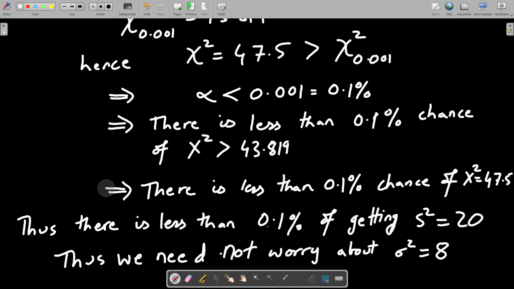If this percentage of chance was very big, like 5% or 10%, then we would have to worry that there is a mistake in our calculation. The sample variance had turned out to be 20, and the original variance was supposed to be 8, so there is a huge difference. But there is only a 0.1% chance that this will happen, so we need not worry. Once in a while this can happen, that you get a sample with variance 20, but in general the variance of the original population will still be 8.